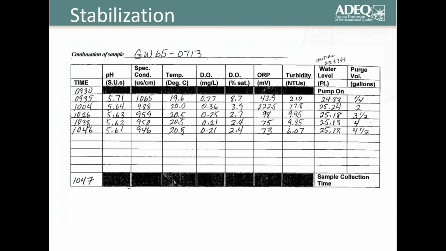And this is an example of a bench sheet, if you will, or a field data sheet where we put the time, we put the groundwater well we're sampling, and they've taken these measurements of pH, specific conductance, temperature, dissolved oxygen, ORP, turbidity, and the water level. That's another data point that I've noticed isn't always collected.